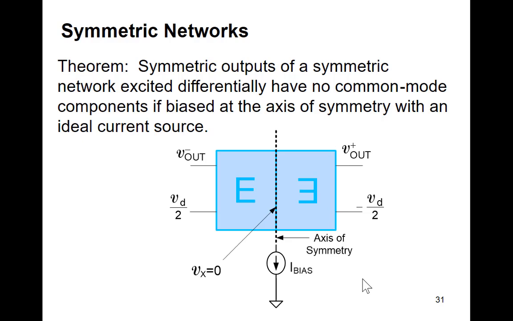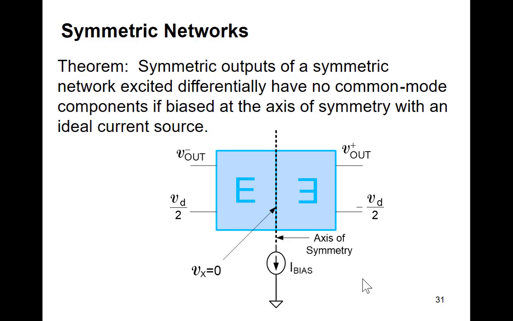So I have a symmetric network, I'm biasing it on the axis of symmetry with a current source, and I'm saying the common mode components are 0.